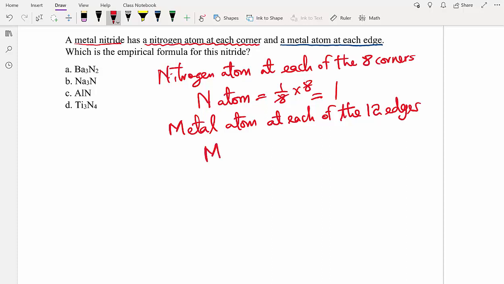That means the total number of the metal atoms in the unit cell will be equal to 1 over 4 times 12. Why 1 over 4? The reason is because each edge of a unit cell is shared by 4 unit cells. So 4 will cancel out 12 to get 3 metal atoms.